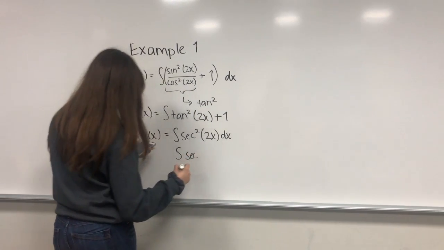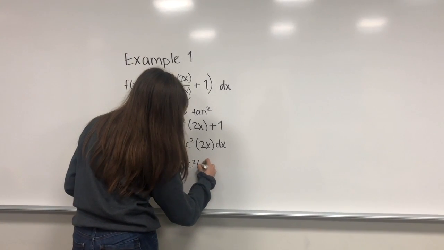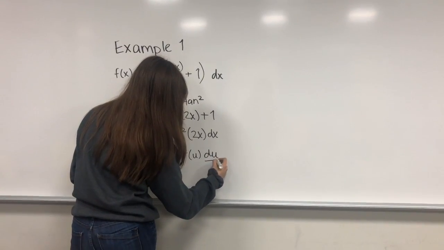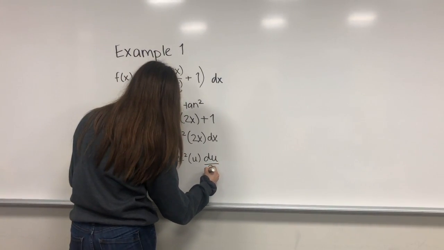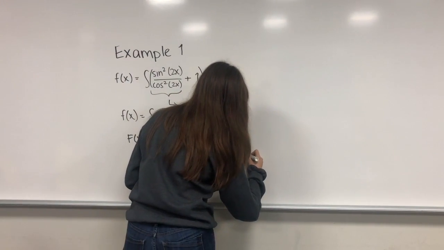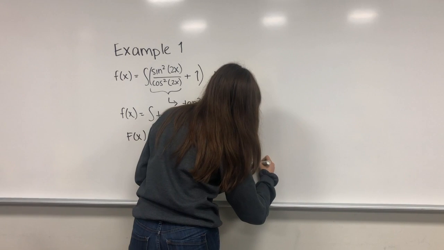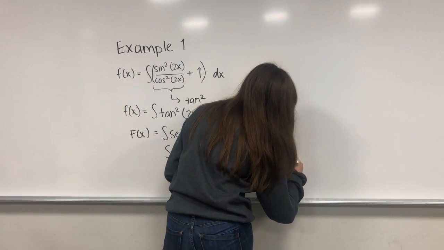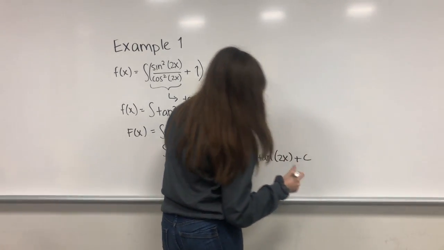And we follow the process for finding u. And the answer will be 1/2 tangent of 2x plus c.